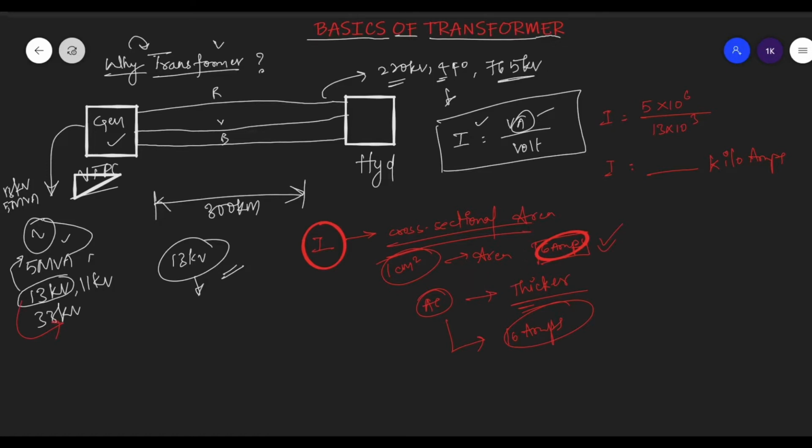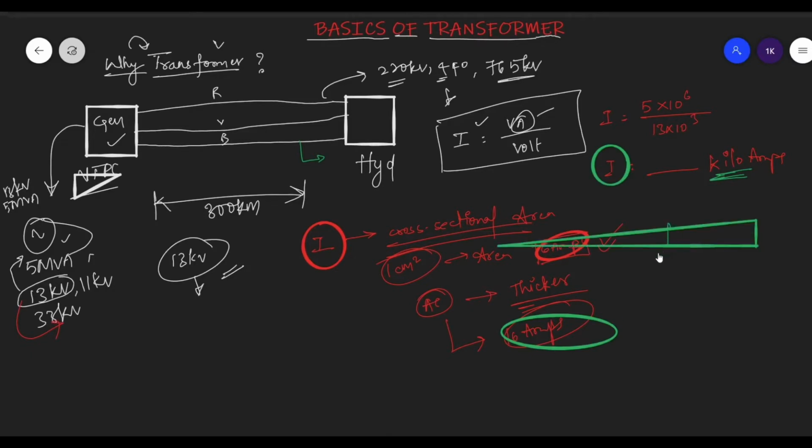Similarly, in the transmission lines, the current rating is in terms of kiloamperes. For 16 amps you can assume how thick the air conditioner wire is. So if it is kiloamperes, you can now assume how much thicker the conductor would be.